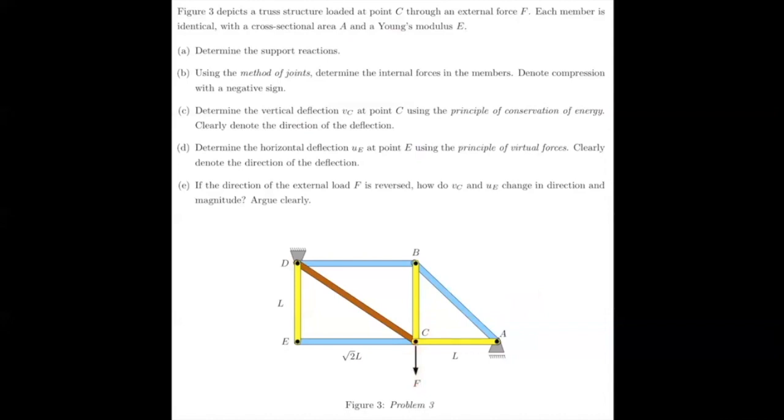So our usual approach of conservation of energy would just work. Then it also asks you to determine the horizontal deflection at point E. So you want to know how much it deforms in the horizontal direction. And this is point E.